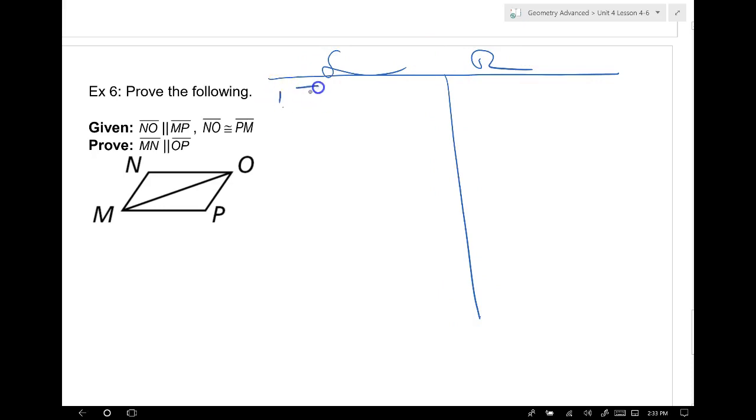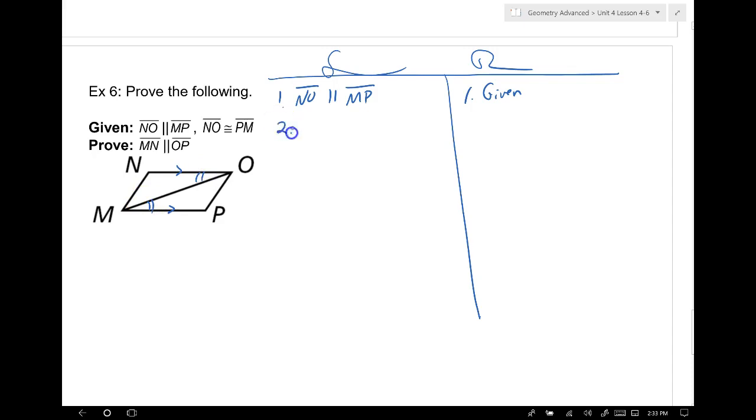So first thing was we had segment NO is parallel to segment MP. If I have parallel lines, should I get either congruent or supplementary angles somewhere? Which one am I going to use in this case if I'm trying to show congruent triangles? Congruent angles, right? Are those two angles congruent? Alternate interior.